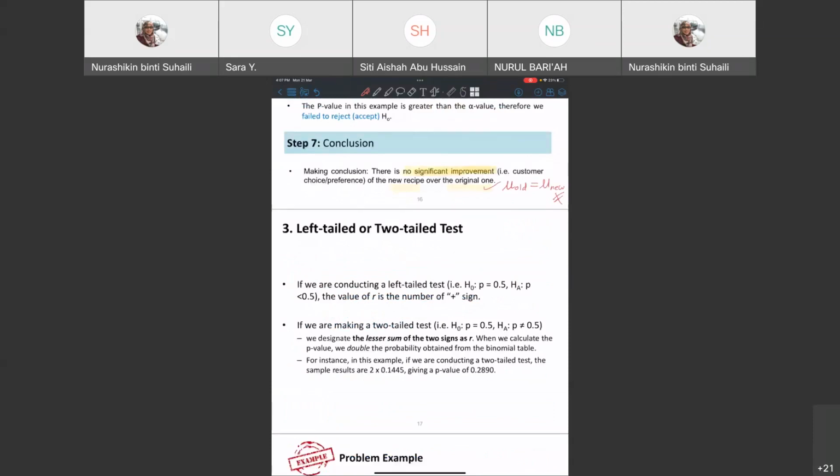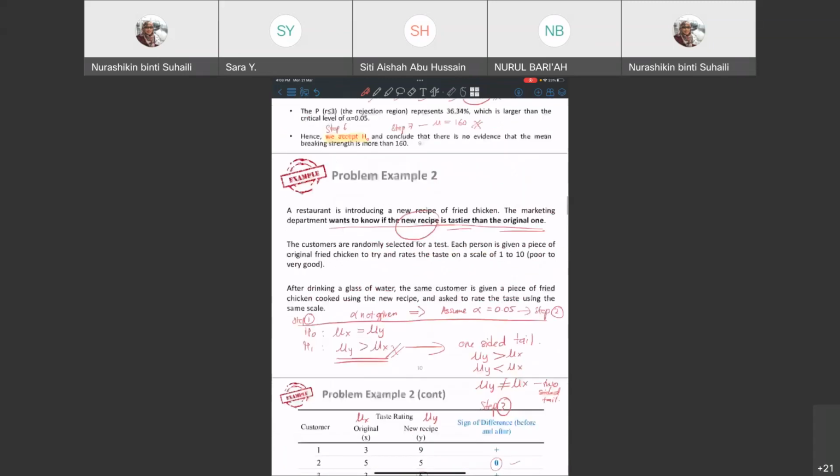I gave you an example so that it is easier for you to understand. How do you know? It depends on the problem that you are analyzing. Sometimes the problem will say directly that they want to analyze something more than or less than. But for a two-tail situation, let's go back to the earlier question.